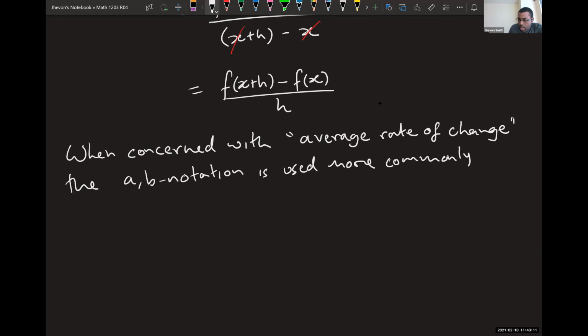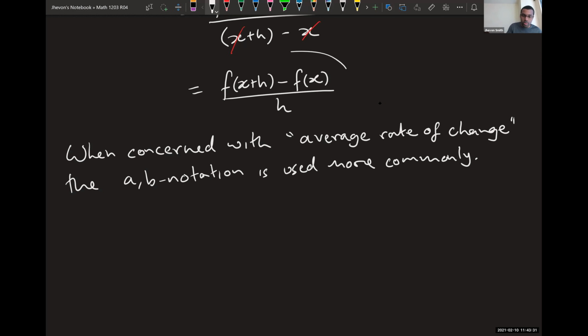So whenever I ask you in general for the average rate of change of this and this, people usually just call the points A and B. You don't want to call it the first point and then the second point that is a distance h from the first point. No, you just want to know what the points are. You just usually call them A and B, and you use that A and B.